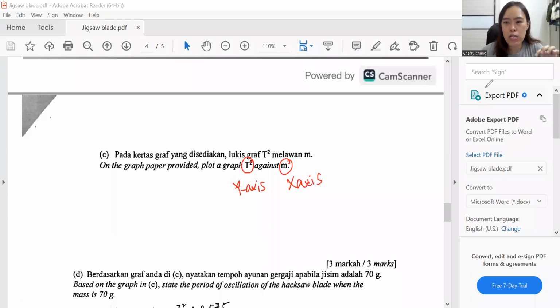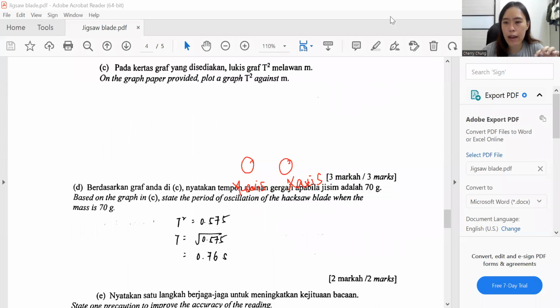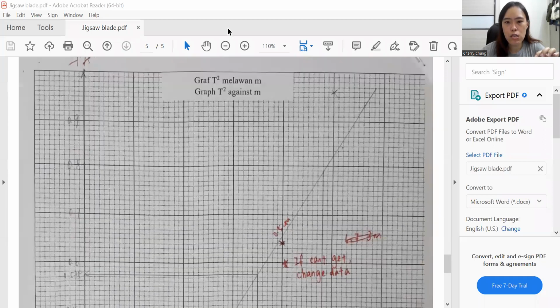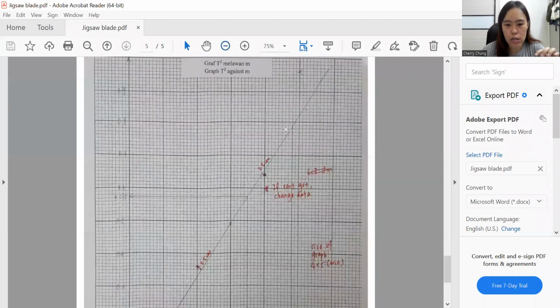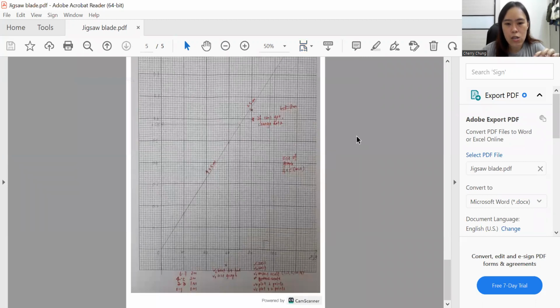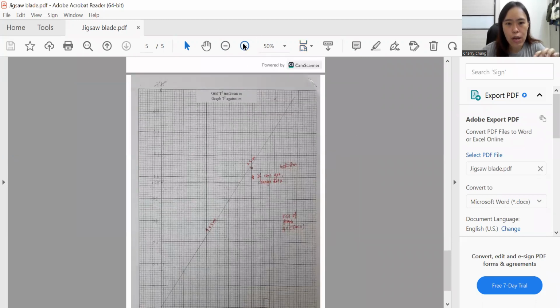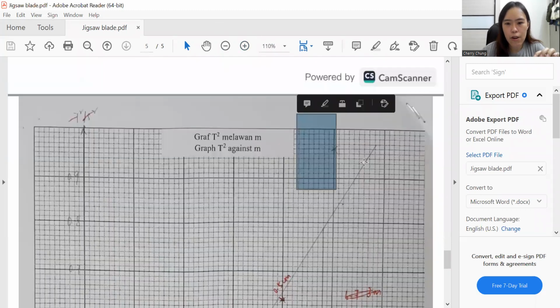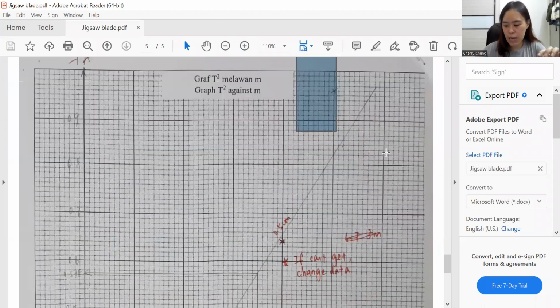Okay, so you can see here, I give you another example of the graph. This is the graph that I have drawn here. If you can see, I've written something.